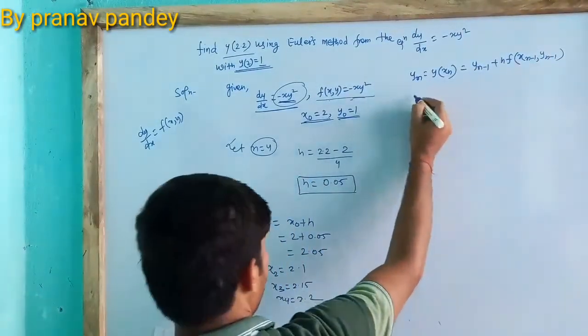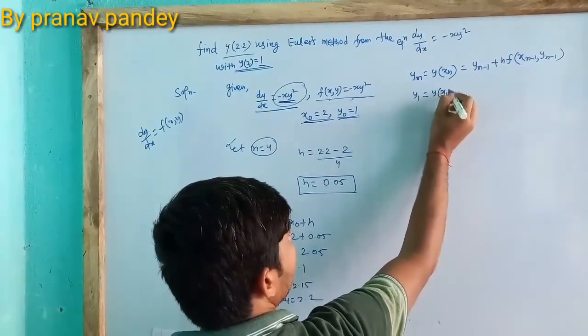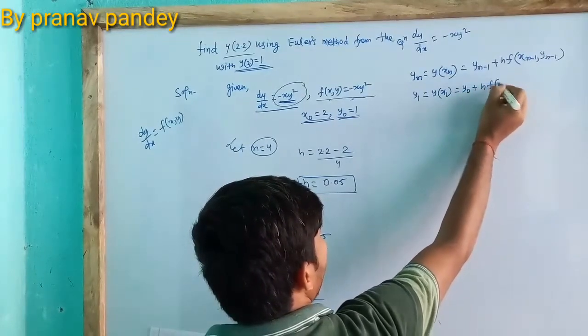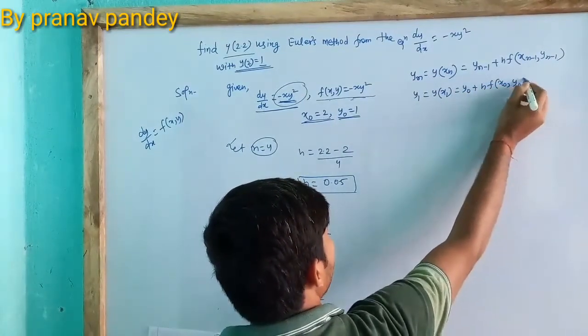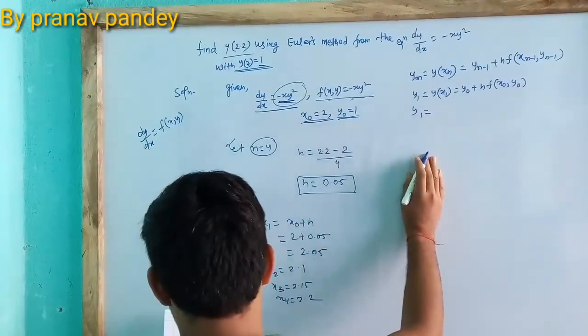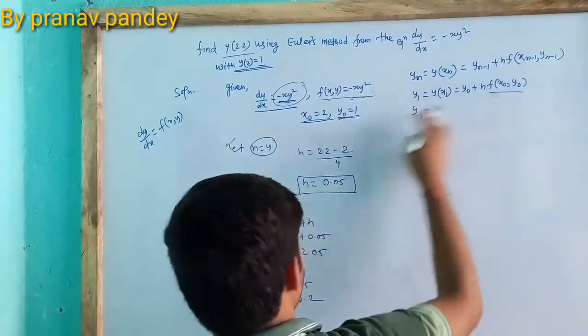So from here we can calculate the value of y1 which is equal to y of x1 which is equal to y0 plus h f of (x0, y0). We can calculate the value. As we know the value of y0 and h, then f of (x0, y0) we can calculate.